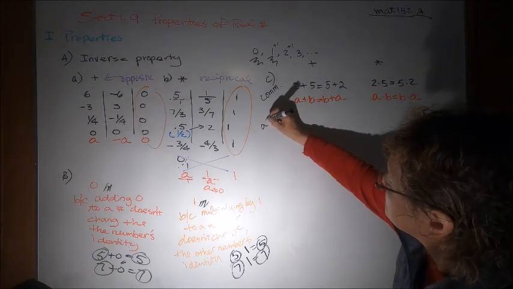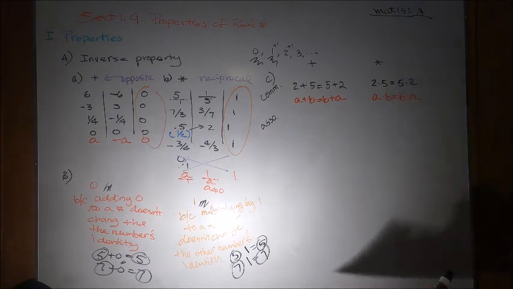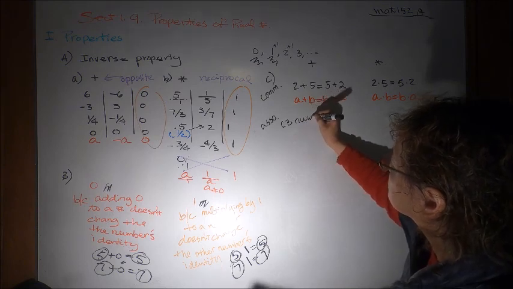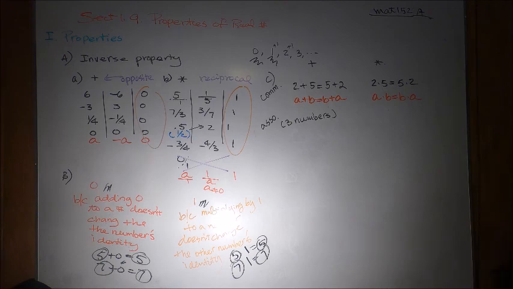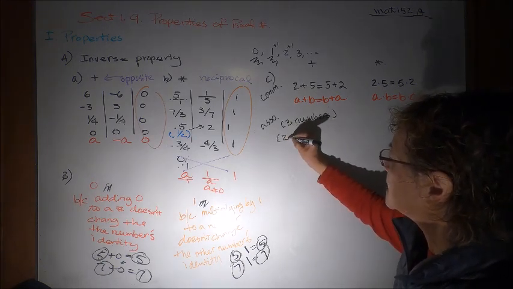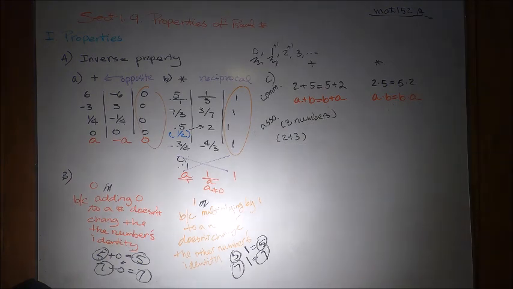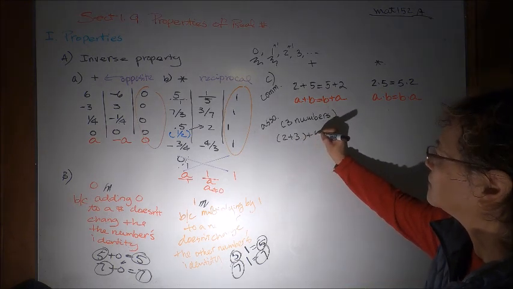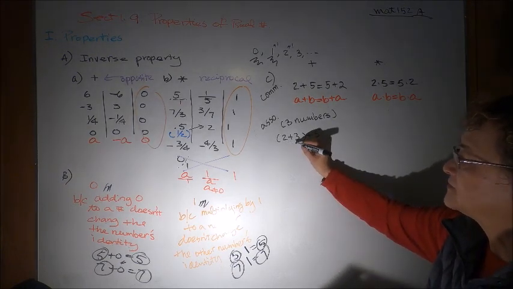Another thing numbers do is they associate with each other. Those are 3 numbers. How do they associate between themselves? Okay, so if I use a parenthesis, it means they are grouping, and we put them together first. So if I have 2 plus 3 plus 5, which one would I do first? 2 plus 3. It's 5 plus 5.